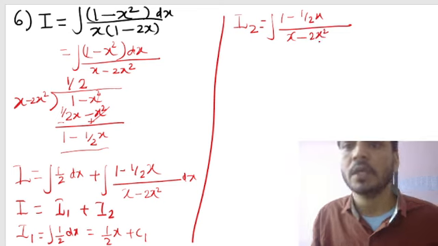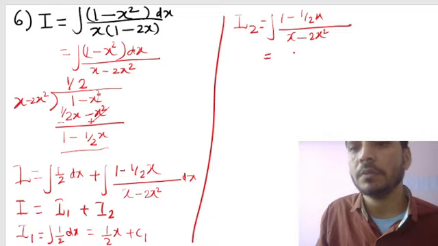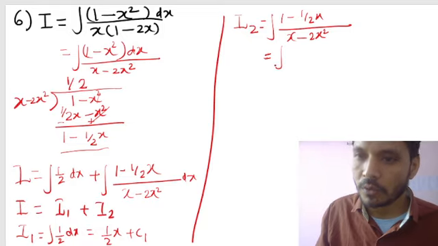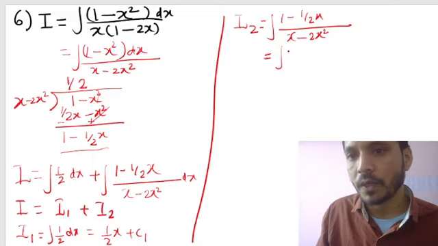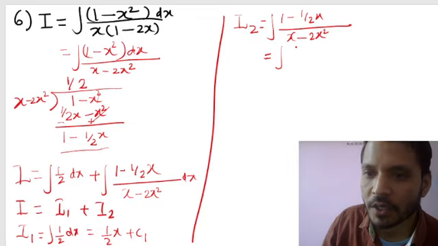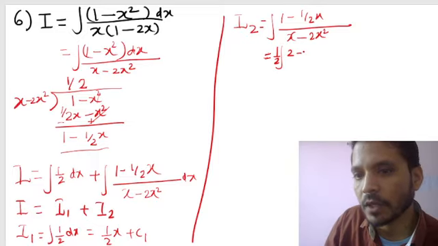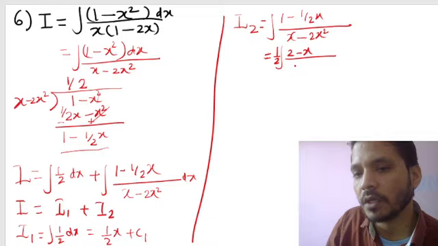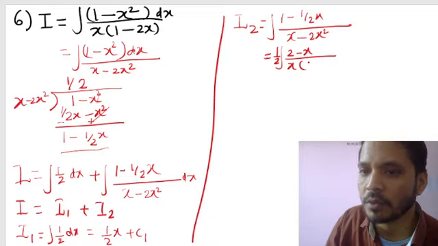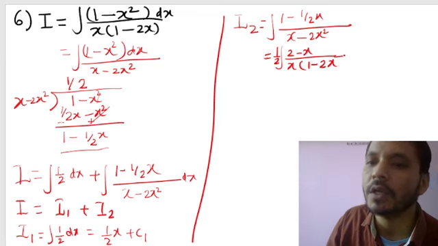Again we can take this common, because we have to apply the partial fraction. Now take the LCM. So 1 by 2 will come outside, and this will become 2 minus x, and if we take x common again, it is 1 minus 2x, and anyway we have dx also.